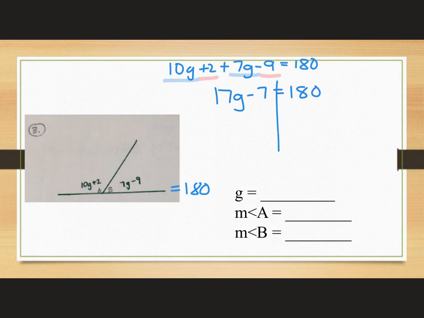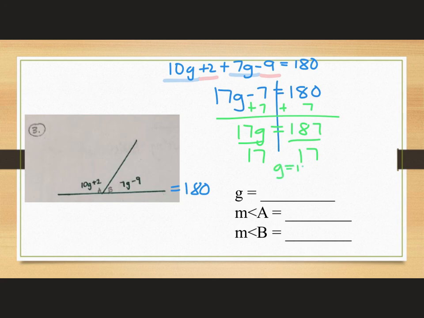So we're going to add 7 on both sides, which would give us 17G equals 187. And then we're going to divide both sides by 17 to get our final answer. 187 divided by 17 equals 11. So G is 11 in this problem.